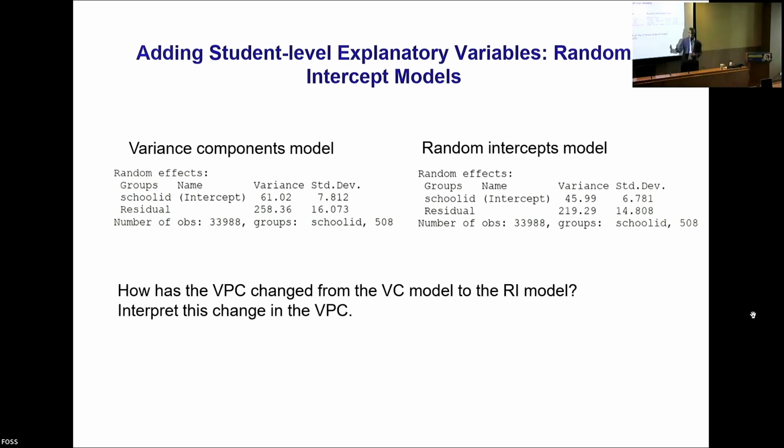Adding in a level 2 explanatory variable will always decrease the level 2 variance. So as a result of decreasing the level 2 variance, the VPC will reduce in size. So adding in a level 2 explanatory variable explains some of the overall variation in the Y variable at level 2.